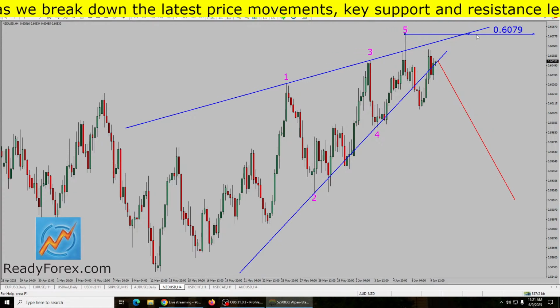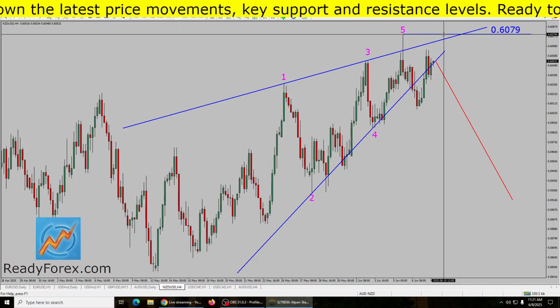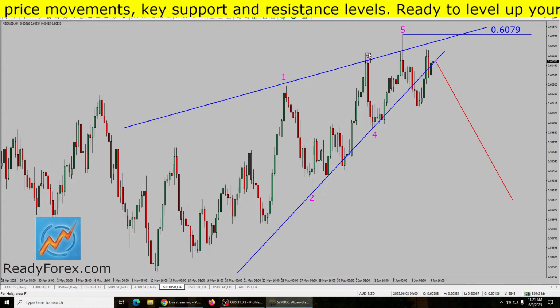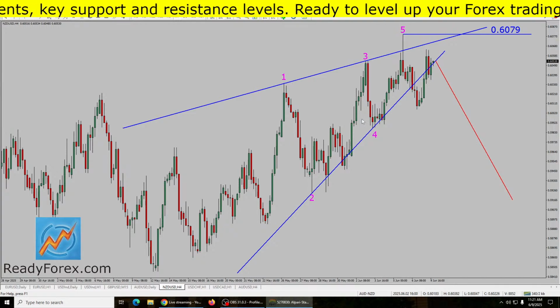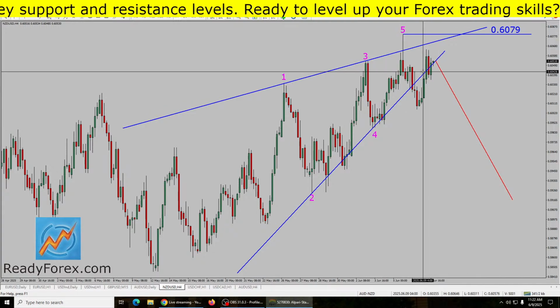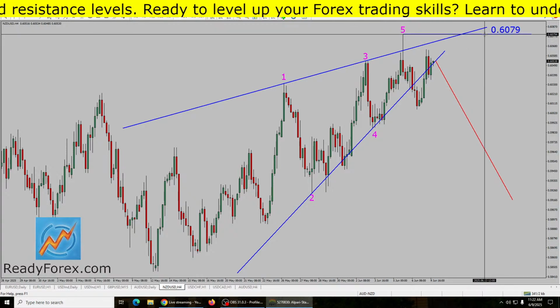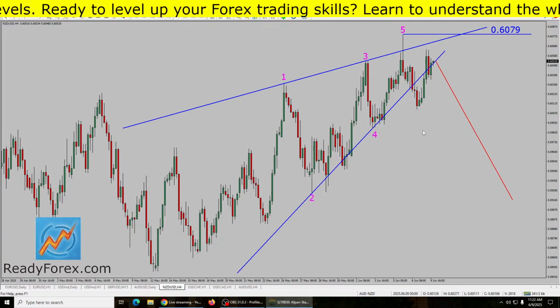Okay, so if the market breaks this level, then obviously I have to reanalyze the price action. I don't know what is going on, and then you need to reanalyze the price charts. So for the time being, as long as price action is staying below 0.6079, I expect a top and a drop in price action of NZDUSD currency pair.